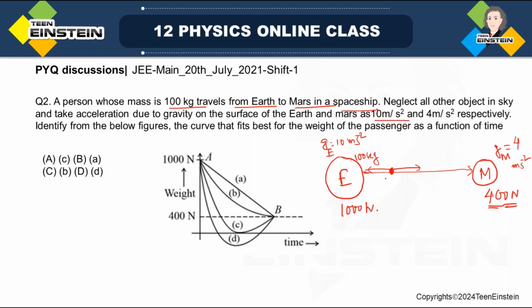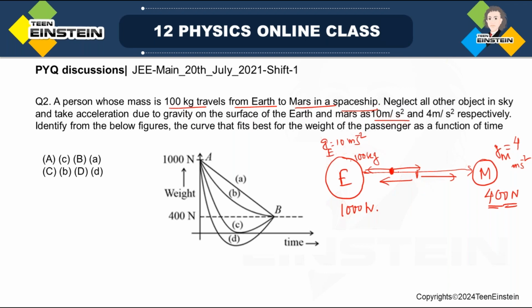So there will always be a resultant force of attraction, but there must be a point where the attractive force exerted by the Earth and the attractive force exerted by Mars must be the same.